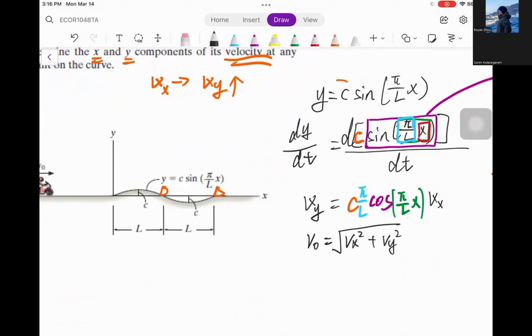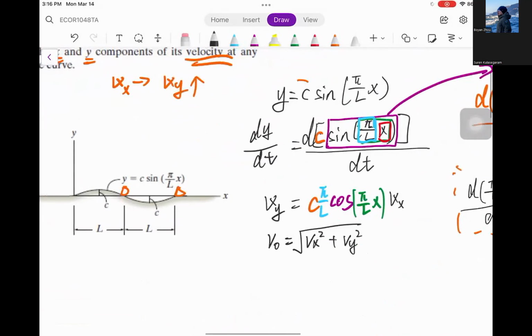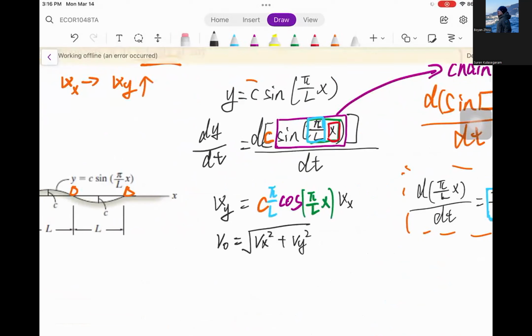So we have two equations now, the first equation and the second equation, and we also have two unknowns, vx and vy.